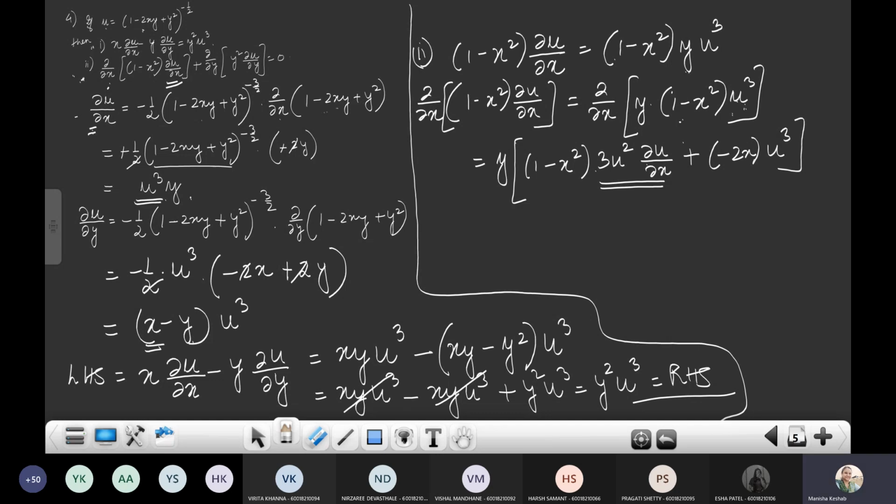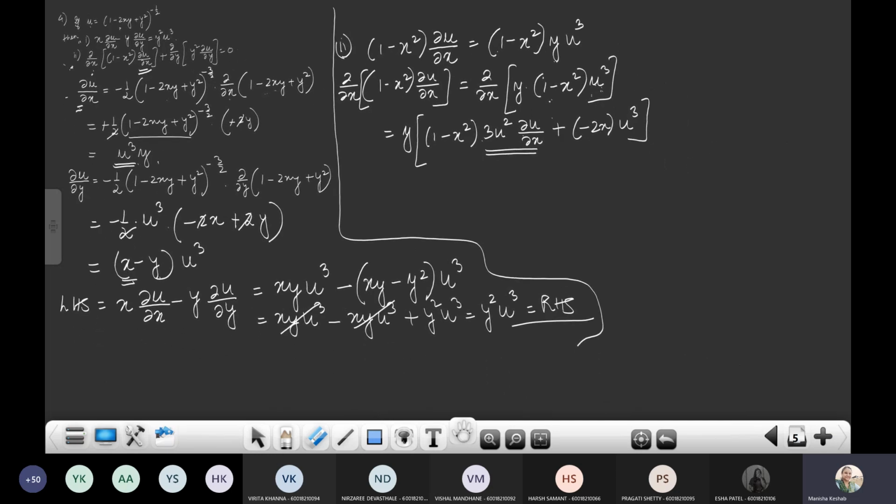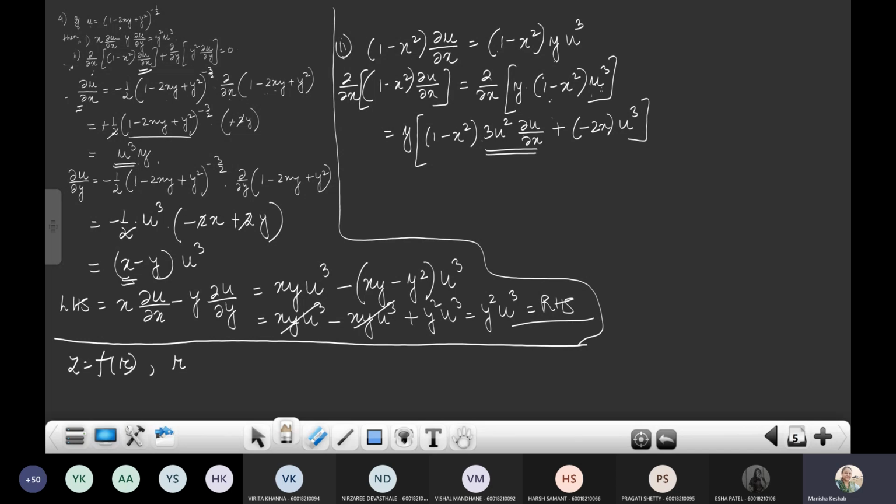If you remember, I think in the last lecture we discussed the properties. One property was: if z is equal to f of r and r is a function of x and y, then del z del x is nothing but f dash of r into del r del x. Similarly, del z del y is the other way.